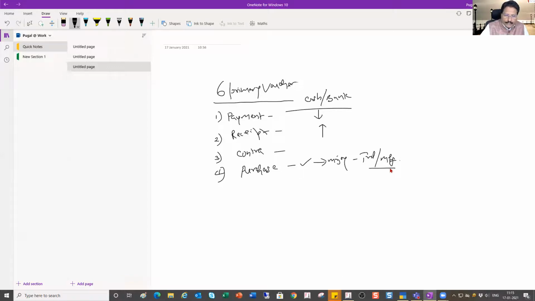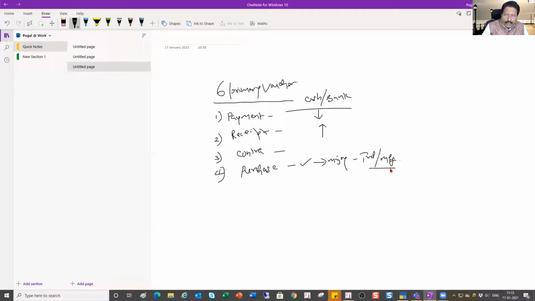Let us say I am a trader, I buy goods and I sell them with a margin. All those purchases where the goods or services I am procuring are going to be the product that I sell, you will capture under the purchase voucher.